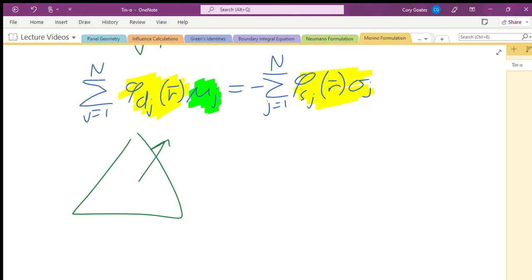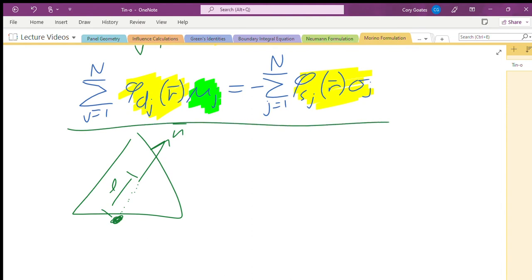We'll trace that back from the centroid and place a control point with some offset distance L. Then at each one of these n control points, we'll enforce this equation.